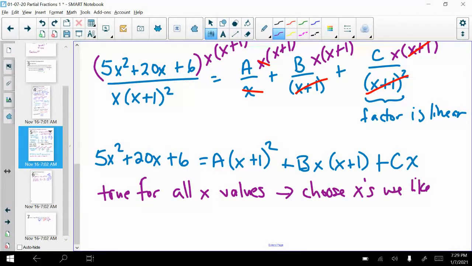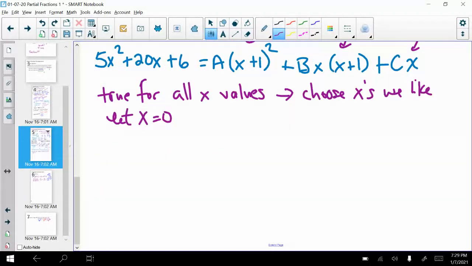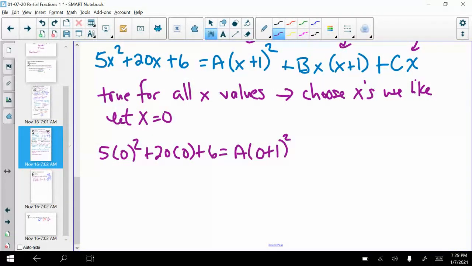One of our favorites is anything that will make these terms be 0. But let's start with x equals 0 for our first one, because x equals 0 always makes evaluating things easier. Make sure that you're showing plugging in, especially being online. We want to really communicate our thought process clearly. So show your plugging in.